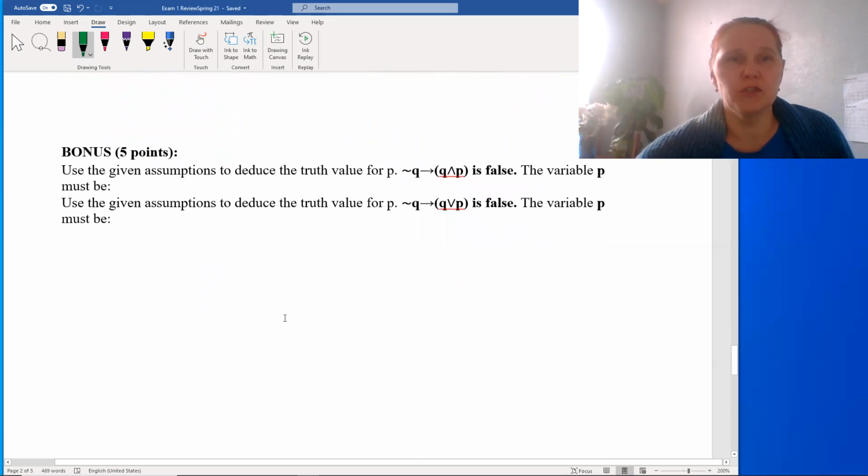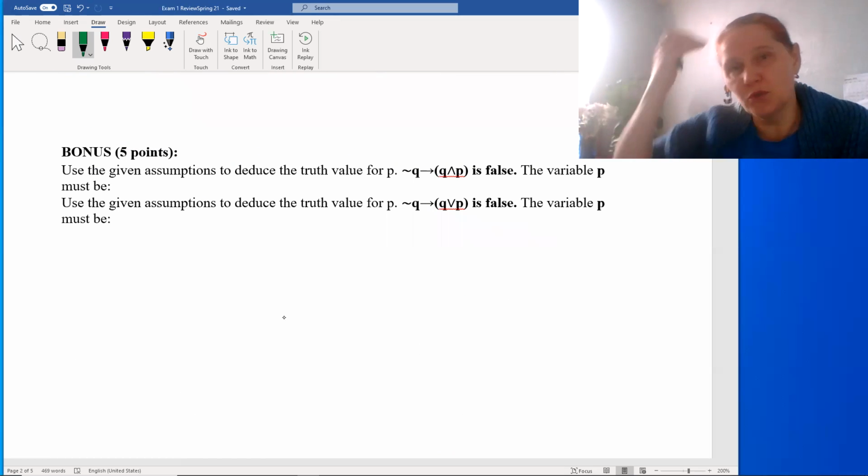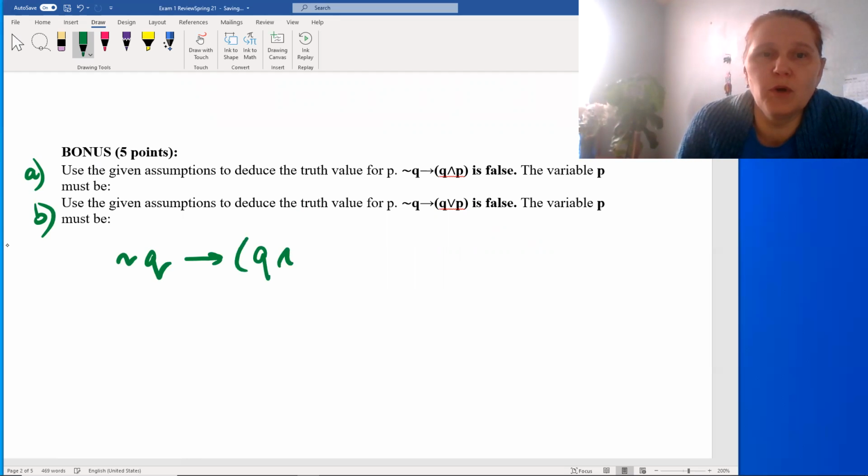And one more question. Use a given assumption to deduce the truth value for P. So you will have, again, only one of these. So for example, if not Q, then Q and P, and this is false.